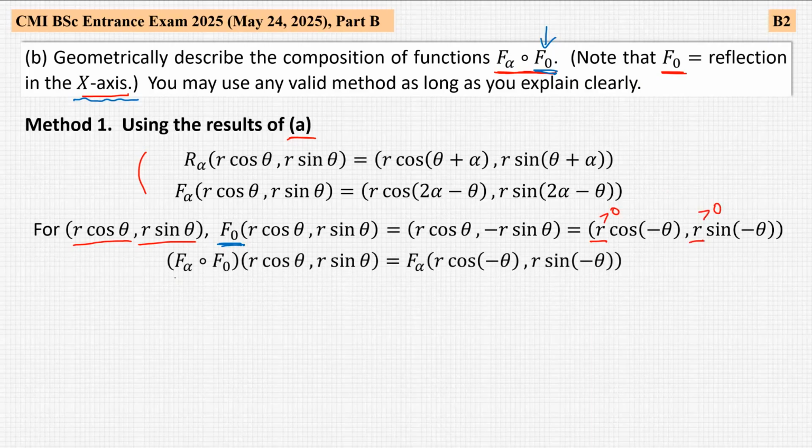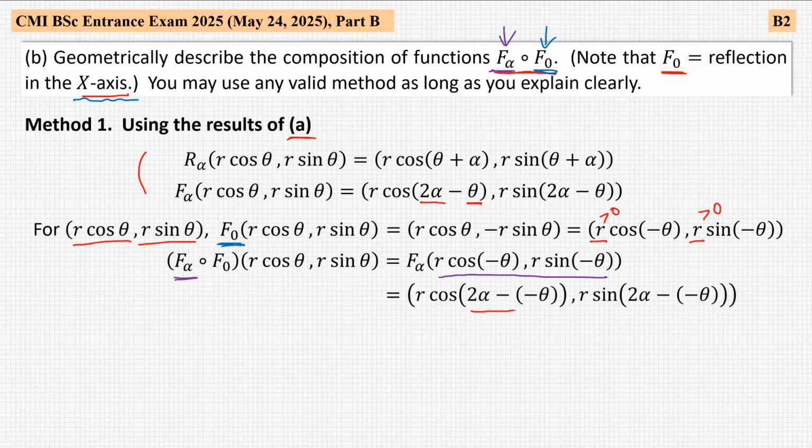Now it's time to perform the F alpha operation on this point. The operation changes the angle to 2 alpha minus the initial angle, hence we have 2 alpha plus theta as the angle, which can be written as (r cosine of theta plus 2 alpha, r sine of theta plus 2 alpha).